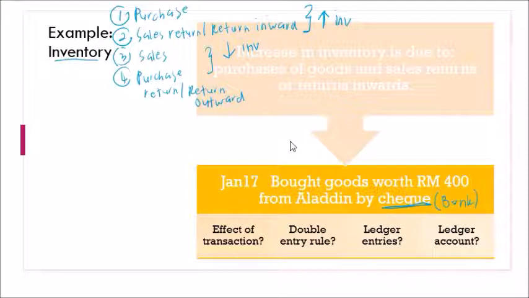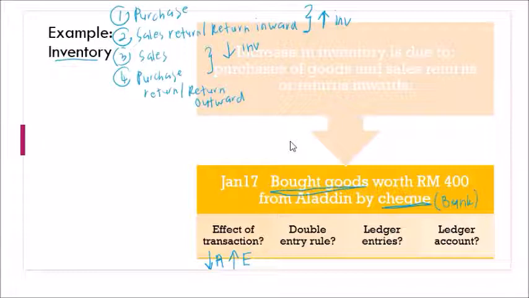Okay. So what is the effect? The effect is asset is reduced since we have to pay, and expense increase since you buy goods. Okay, so you have to bear the expense.